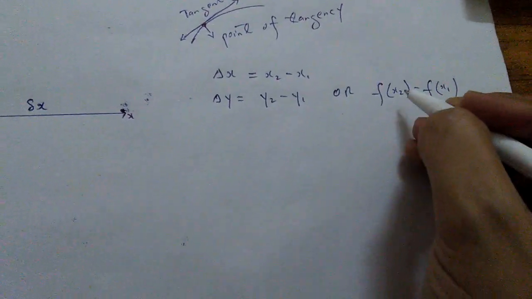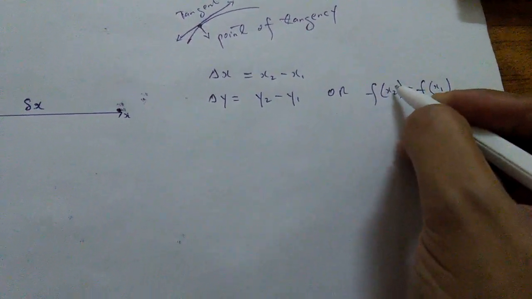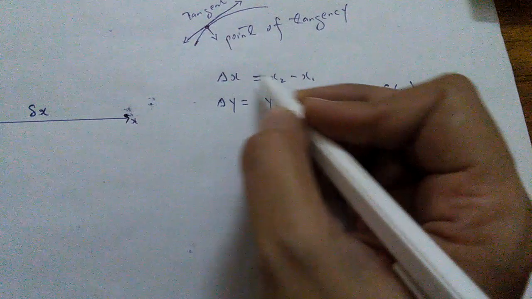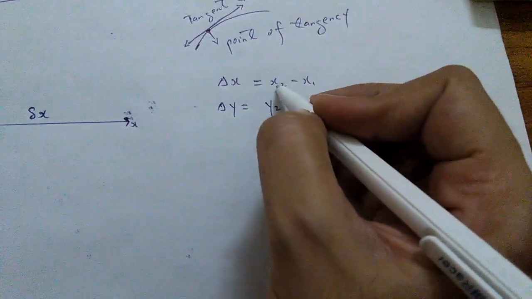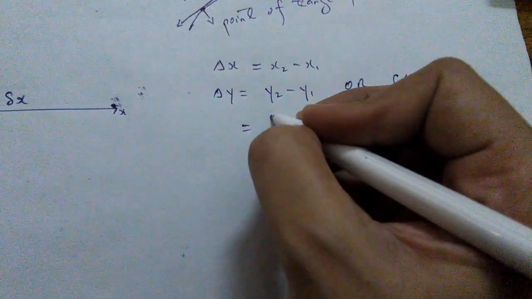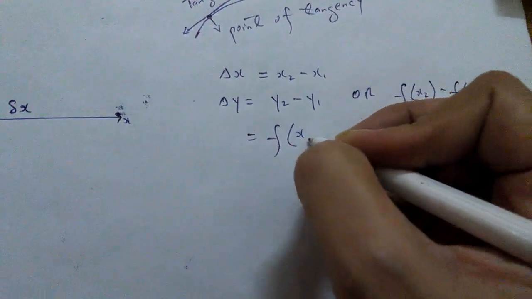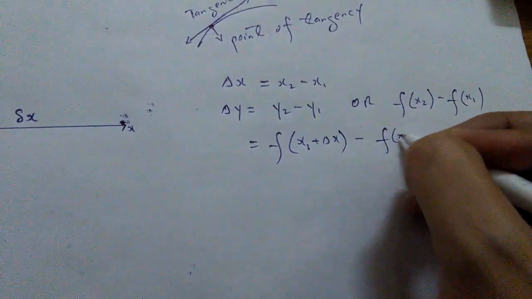Also, in place of x2, I can write x1 plus del x. If I move this x1 over here, then x2 is represented as x1 plus del x. So I can write my del y as f of x1 plus del x minus f of x1.